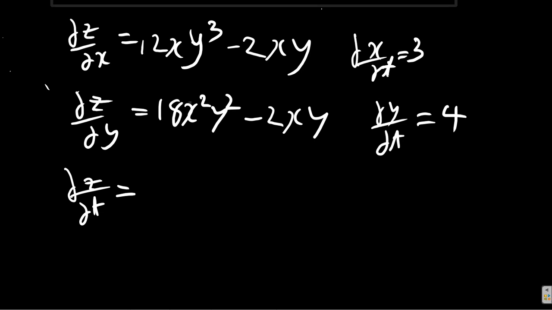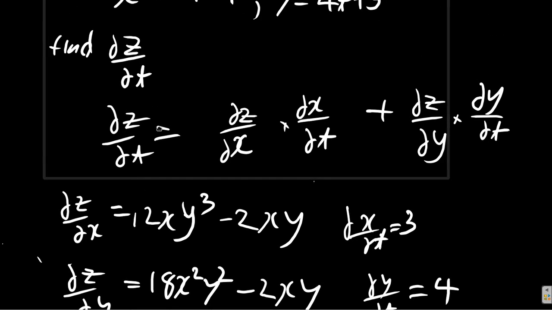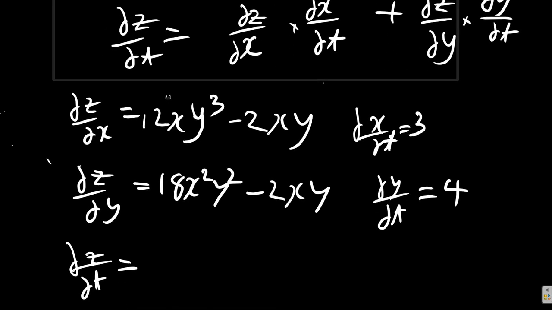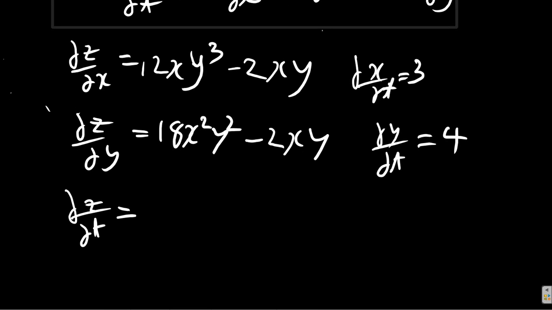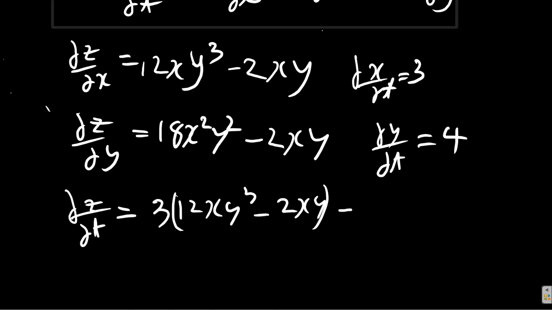So here delta z by delta x is all of this, 12xy cubed minus 2xy, multiplied by 3, plus then delta z by delta y and delta y by delta t, which will be 4, times 18x squared y squared minus 2xy.